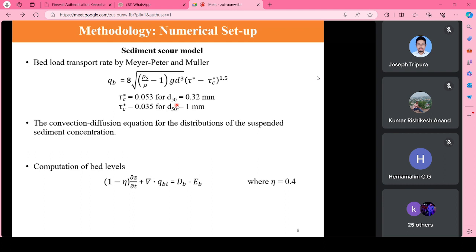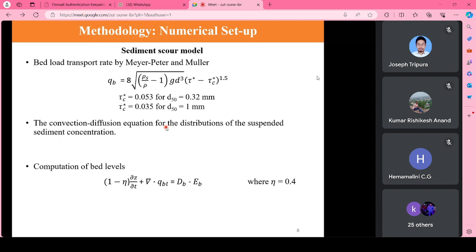The star denotes the non-dimensional number. If I remove the star over the tau, it means the bed shear stress because of the flowing water over the bed. And tau C denotes the threshold condition at which you will observe the incipient motion.